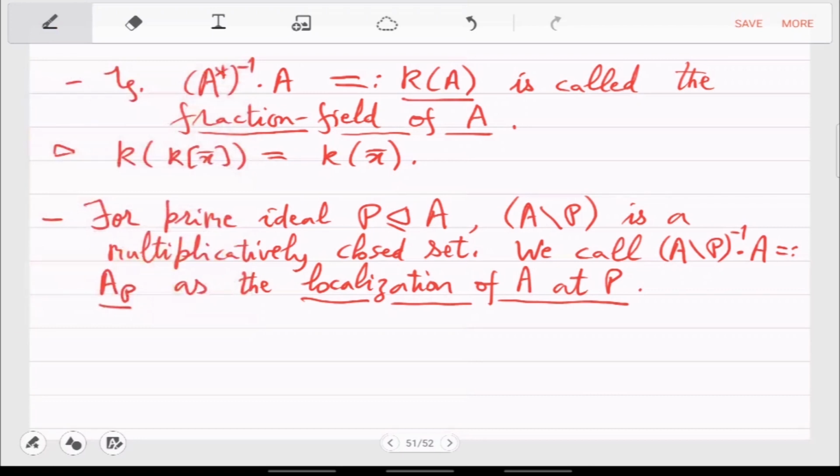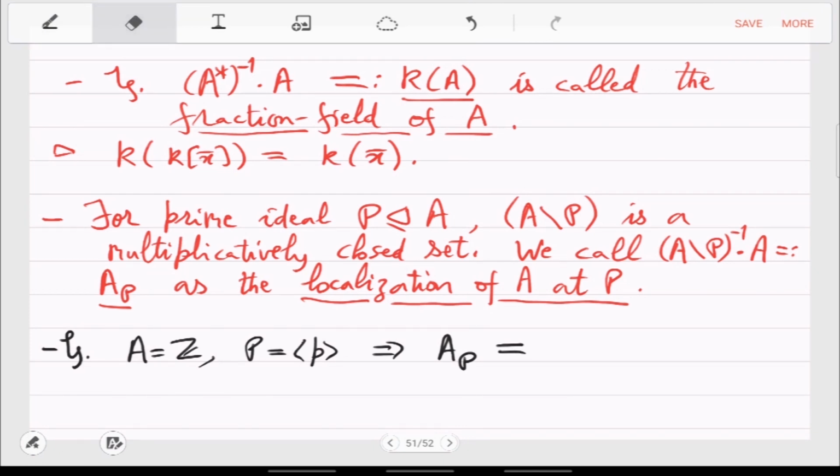So let us test you. What will happen if you take A to be the integers and P to be the prime ideal P? So, what is A localized at P? What is the object? You want to invert everything except multiples of the prime P. Let us make it even more specific, the prime 2, right?